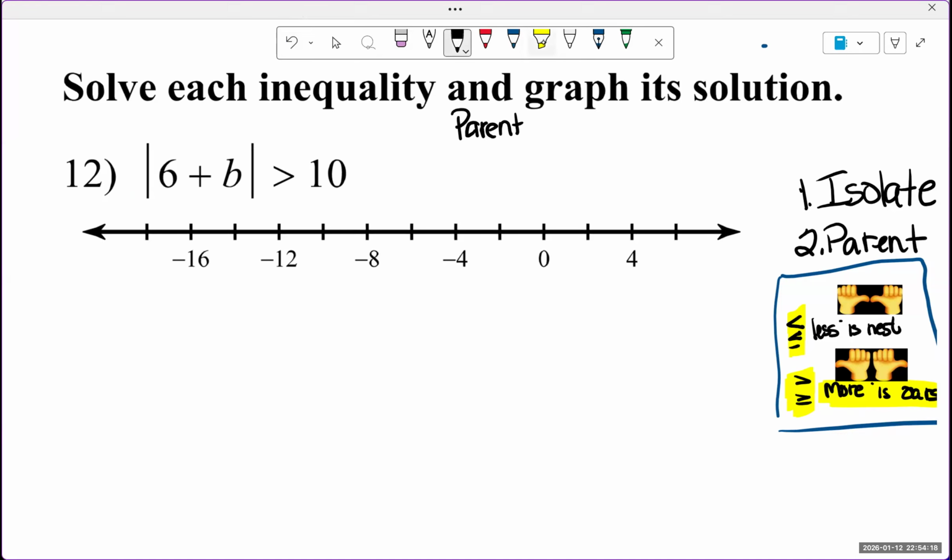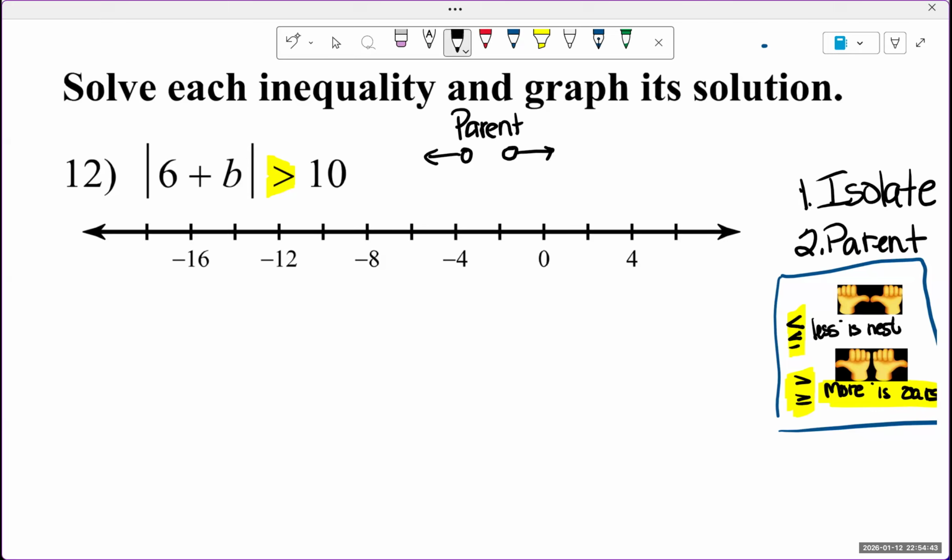So now for the parent graph, we see more than, and we know that more is ors, like your thumbs going out. Now, it's not greater than or equal to, it's just greater than, so we're not filling in the circles.